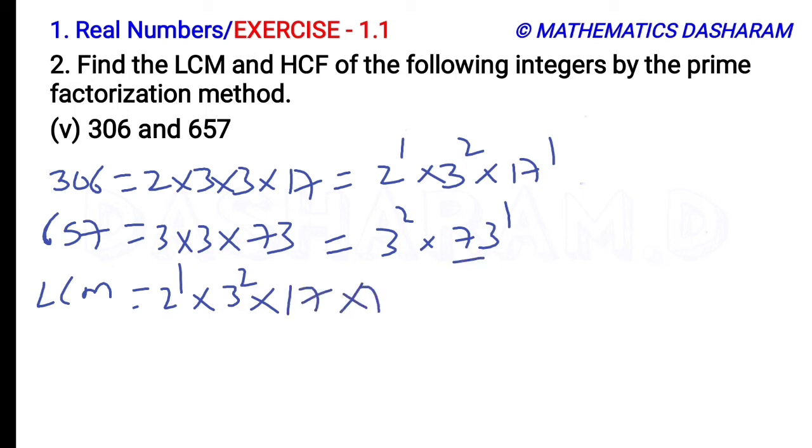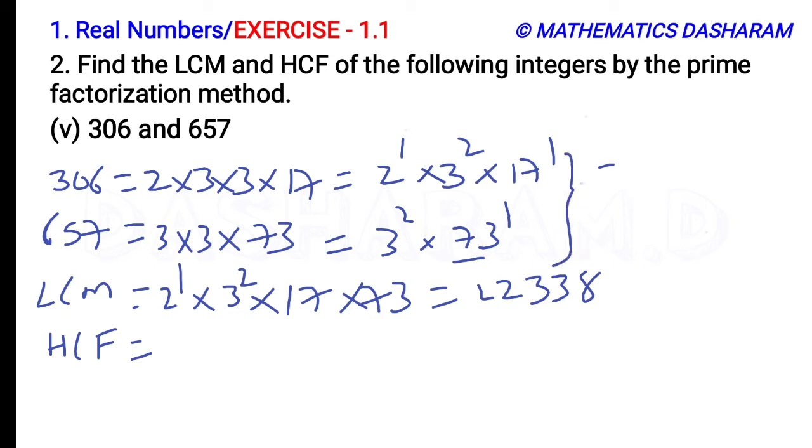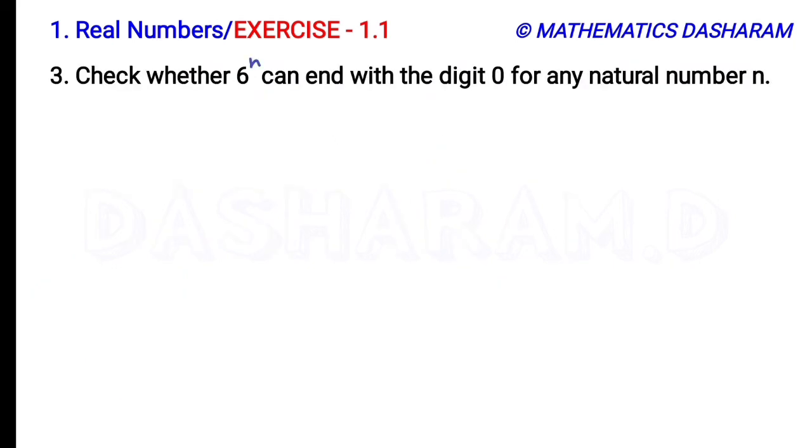Here also 73, write as it is. So its product equals 22,338. Next, HCF. HCF means the product of the common factors. In both, the common factor is 3 square. So 3 square equals what? 9 is the answer.